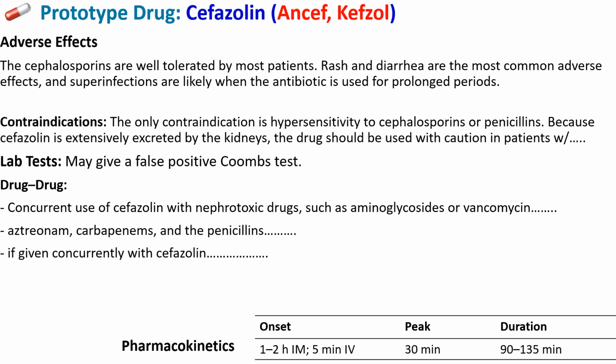The cephalosporins are well tolerated by most patients. Rash and diarrhea are the most common adverse effects, and superinfections are likely when the antibiotic is used for a prolonged period. Approximately 1 to 4% of patients will experience some kind of allergic reaction.